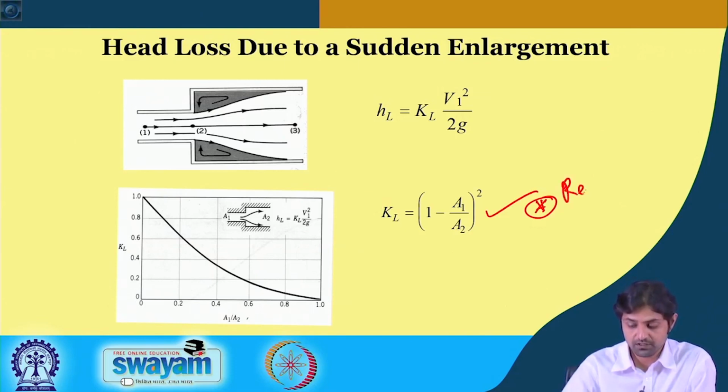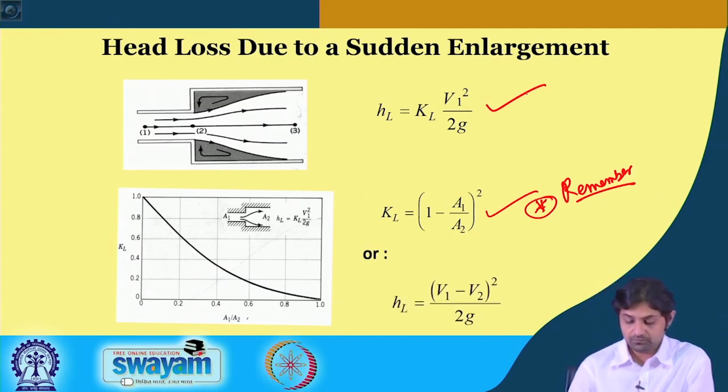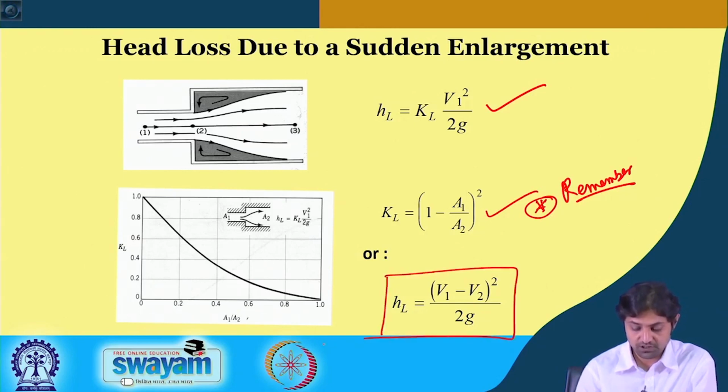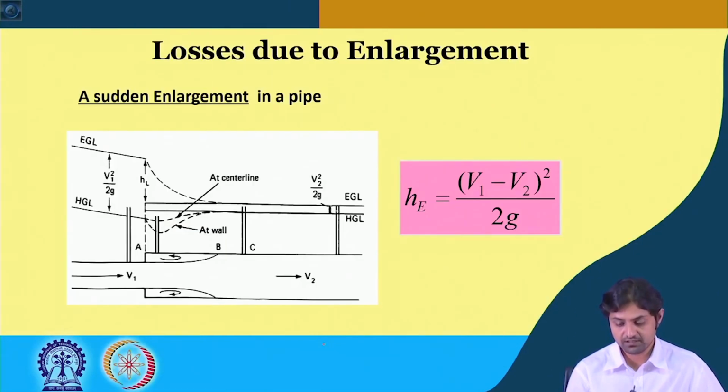Remember this one, it is easier. And in case of sudden contraction, KL was 0.5, if you remember. So, if you put this, we come back to the formula which we saw on the last page. You can also see head loss is going to be V1 minus V2 whole square by 2G, as we saw in the last slide.